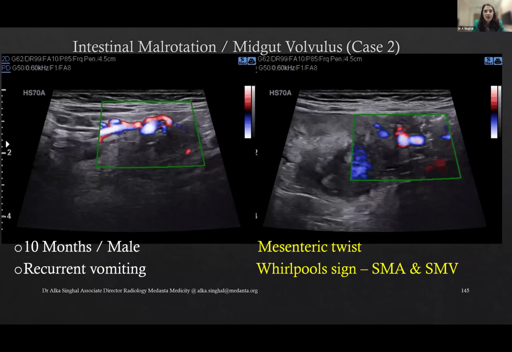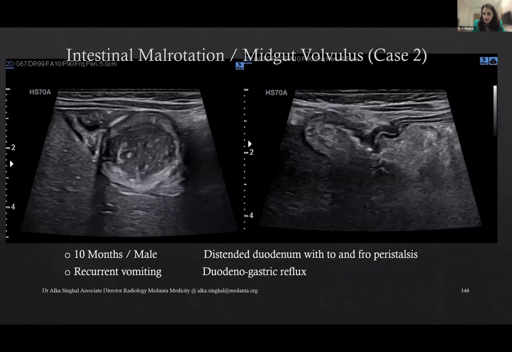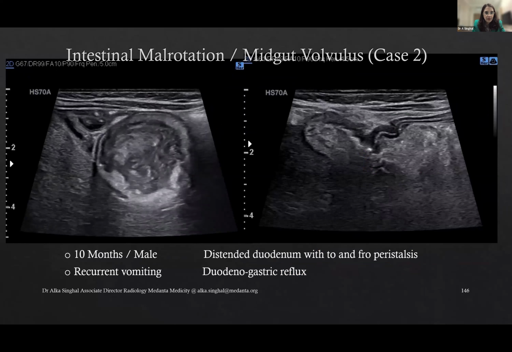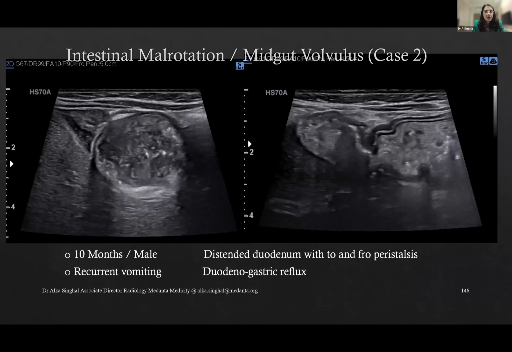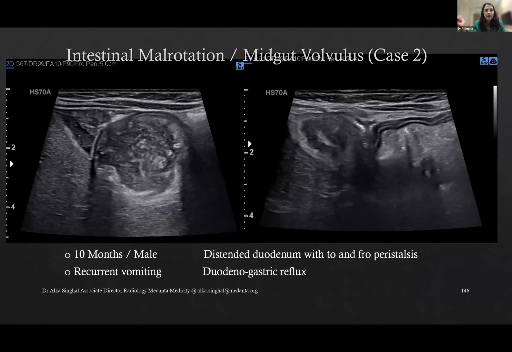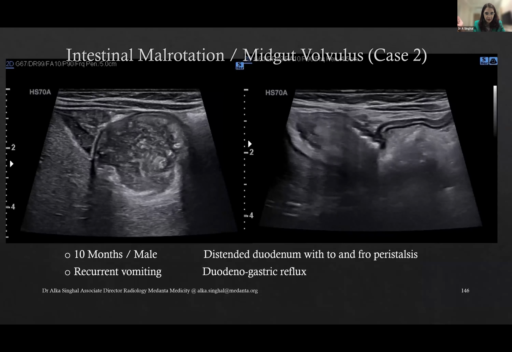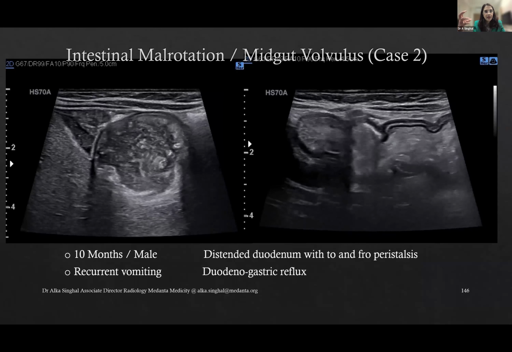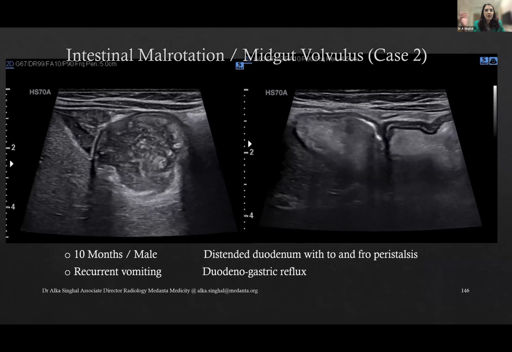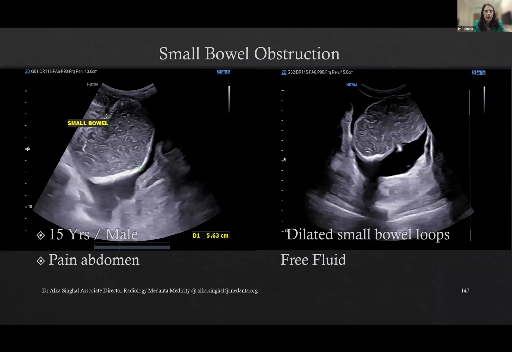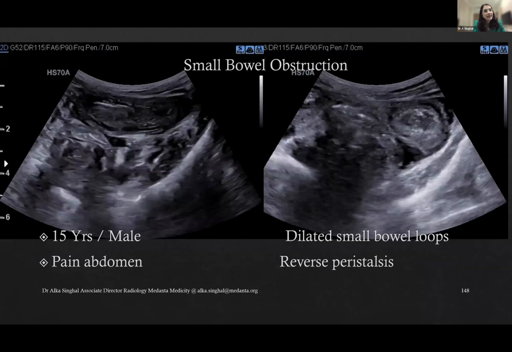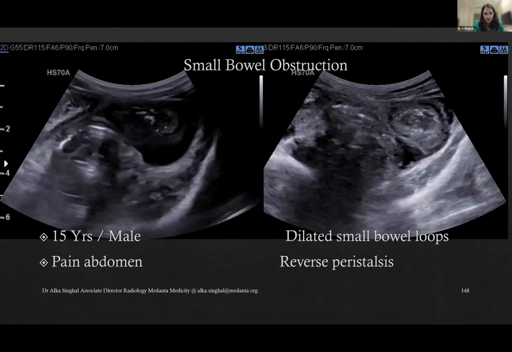These will, of course, require a CT to confirm, but on ultrasound, when you see the contents going back and forth, back and forth, that gives you a cue that you may be looking at obstruction of the contents going forward. Accordingly, you can direct appropriate imaging further.